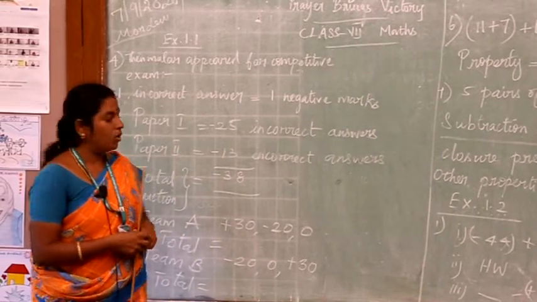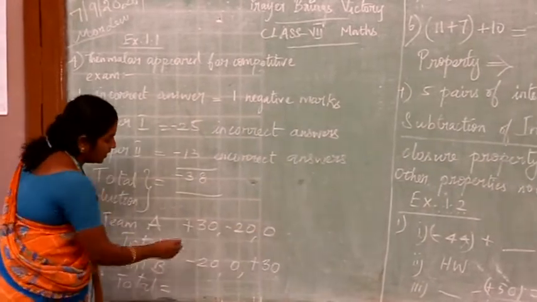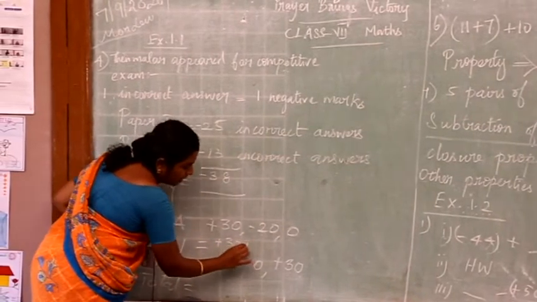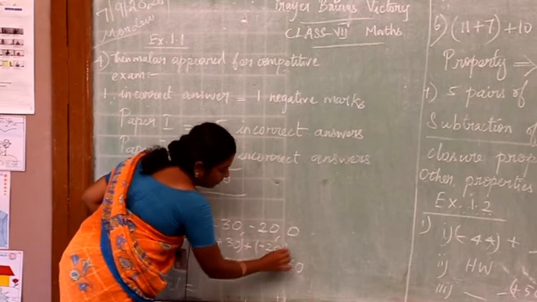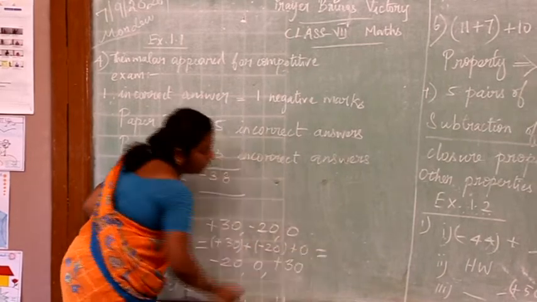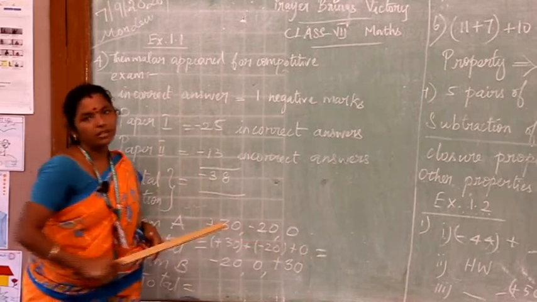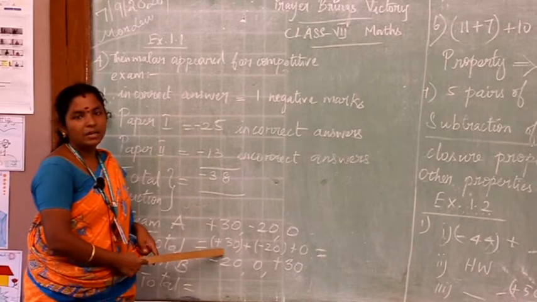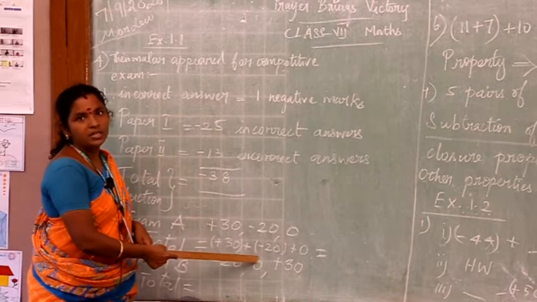So we are going to add all three numbers for team A: plus 30, plus minus 20, plus 0. We will add the first two numbers first, then join with the third number. Here it is plus 30 and minus 20, so you have opposite signs.